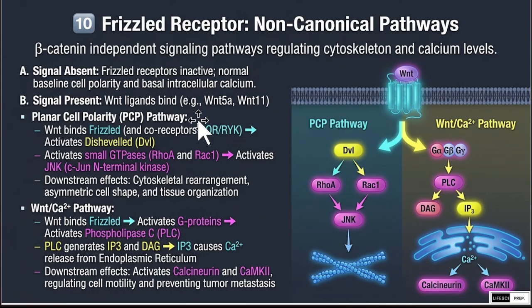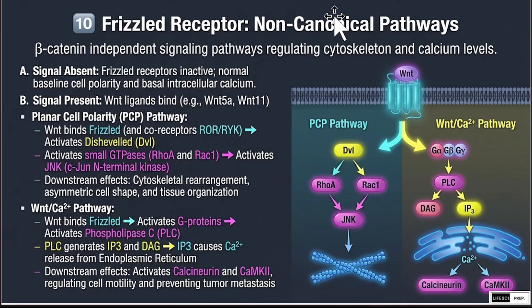Let's talk about the non-canonical pathway. In the non-canonical pathway, there are two pathways, that is planar cell polarity, the PCP pathway, and the Wnt calcium pathway. In the PCP pathway, after Frizzled is activated through Wnt signaling, Dishevelled activates the small GTPases, that is RhoA and Rac1.